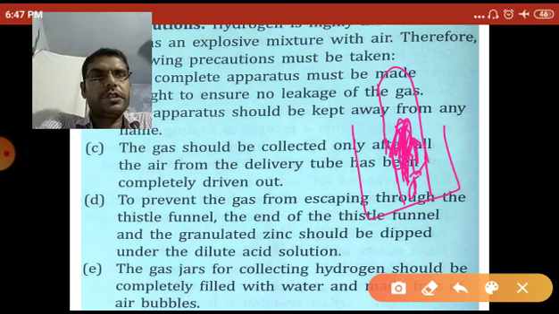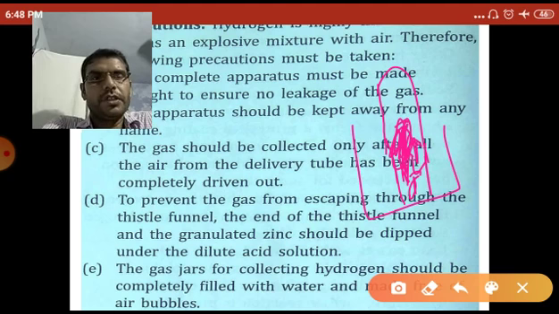The end of the thistle funnel should be in contact with the granulated zinc in the Wolfe bottle, which prevents the gas from escaping through the thistle funnel.